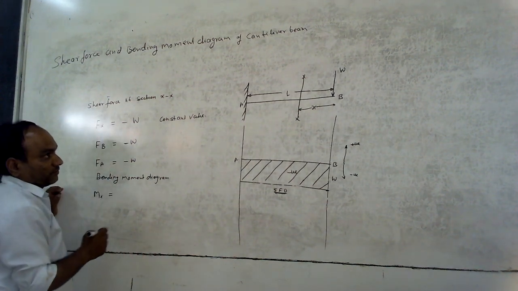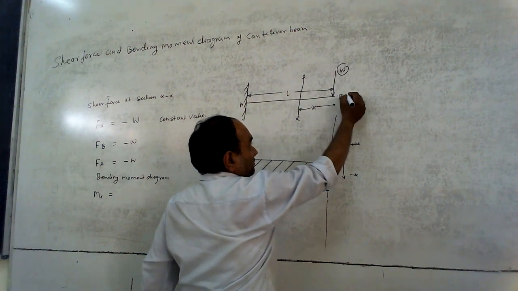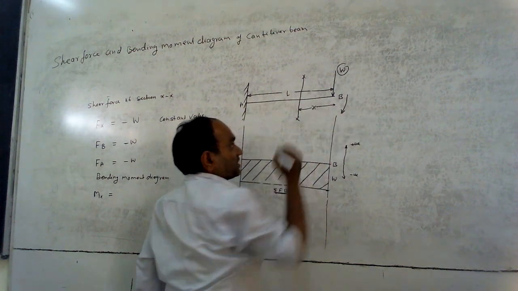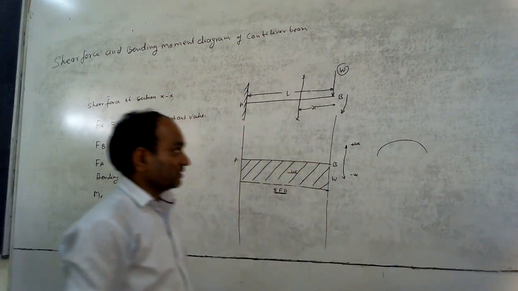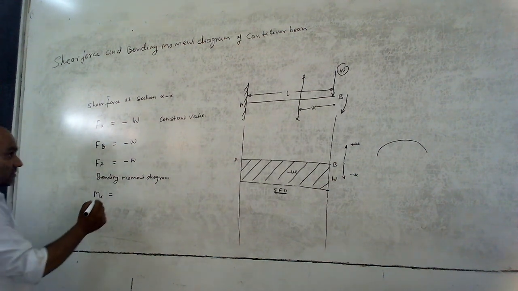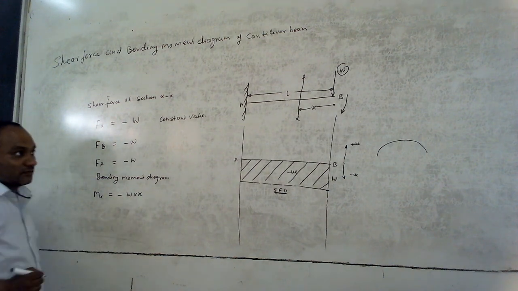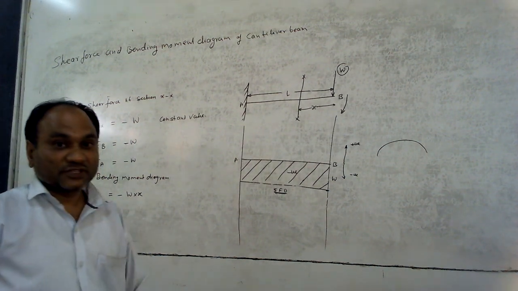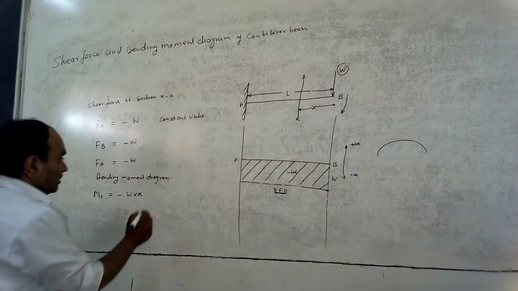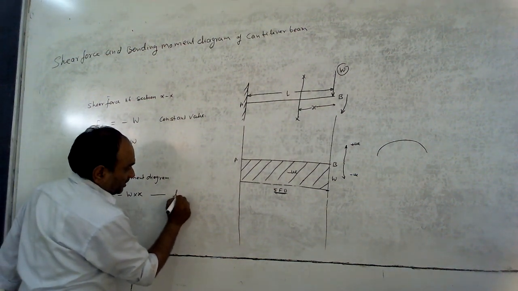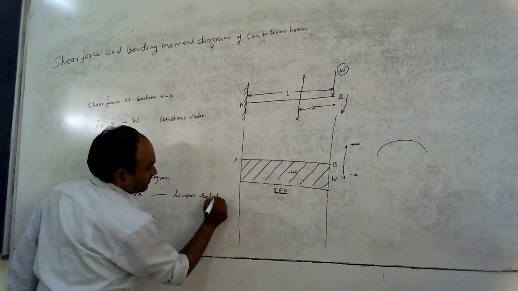So the bending moment at B, the tendency of this load is to rotate clockwise. The shape of this beam will be like this. That is hogging. It means a negative bending moment. Minus W into x. Bending moment is force into perpendicular distance, minus W into x. This is a linear relation.